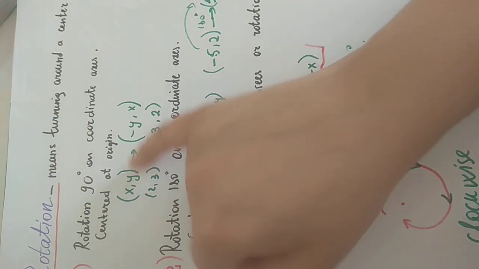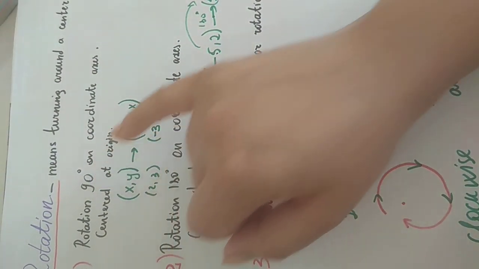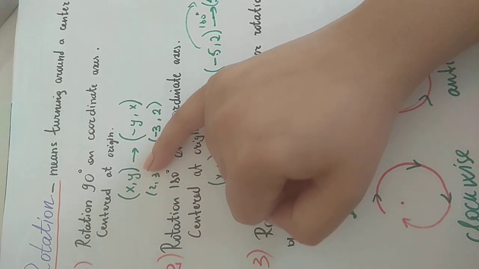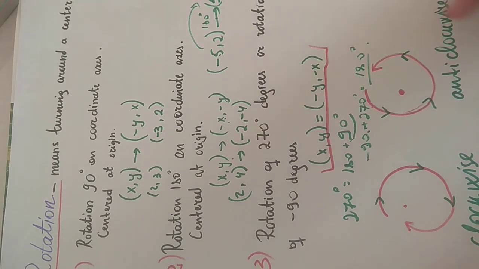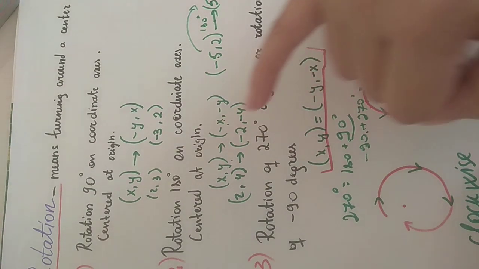For example, for 90 degrees, how can we change our coordinates, okay? Because without this you can't draw a rotation, okay? For example, you have a figure and you want to rotate it by 90 or 180 degrees on a coordinate axis, so you should know that. How can you do it? That's why I try to learn that part, okay?